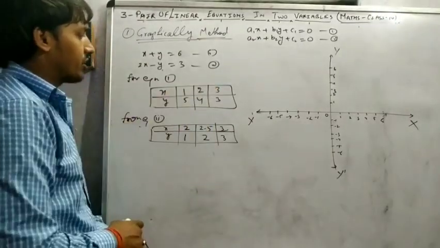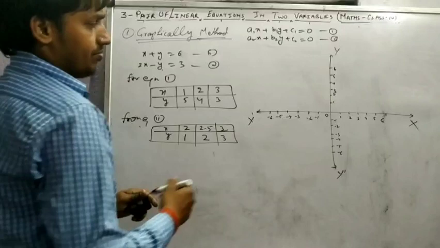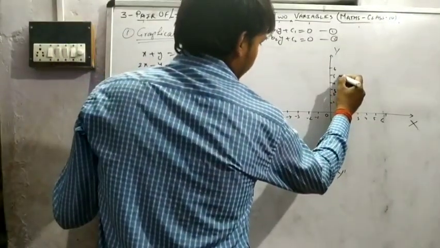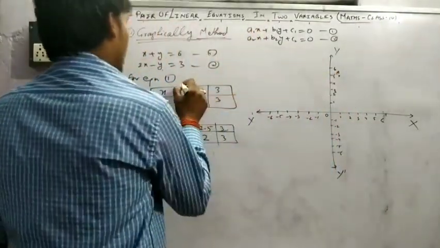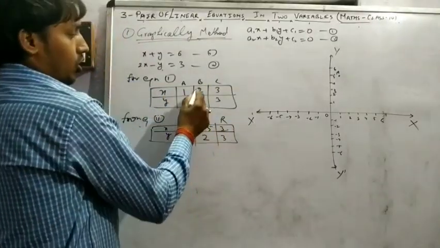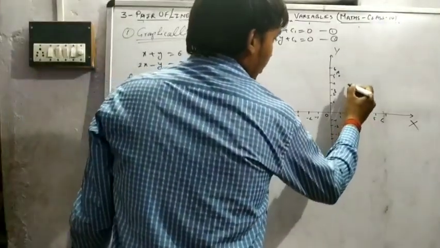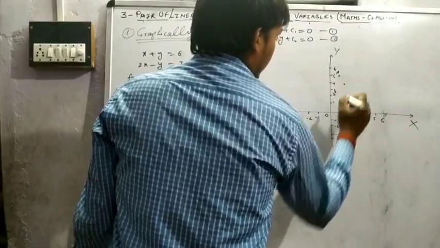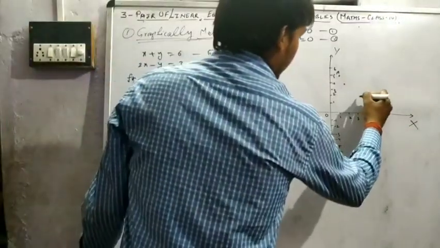First we plot the first equation, 1, 5. Suppose the points are A, B, C, P, Q, R. 2, 4, 2, 4, 3, 3.